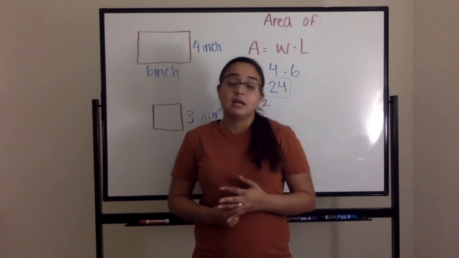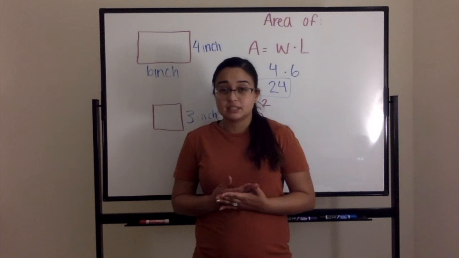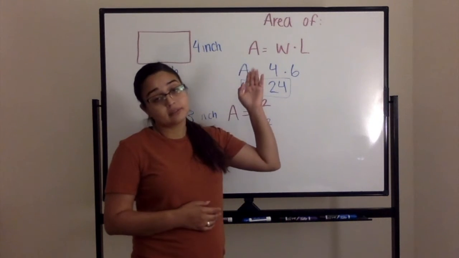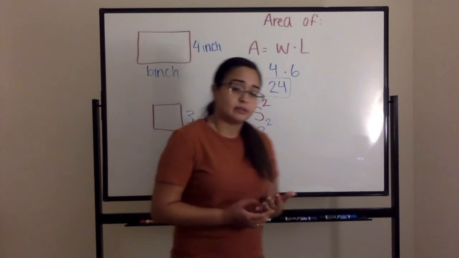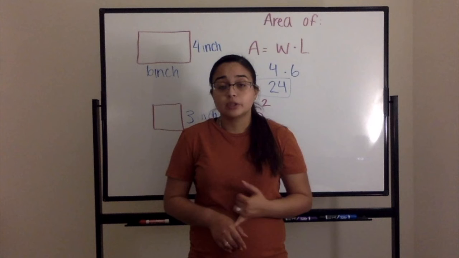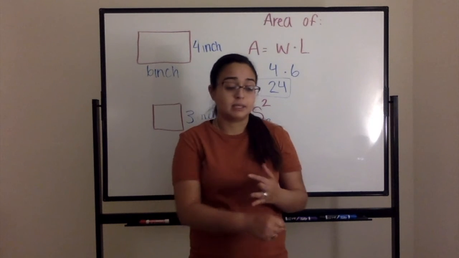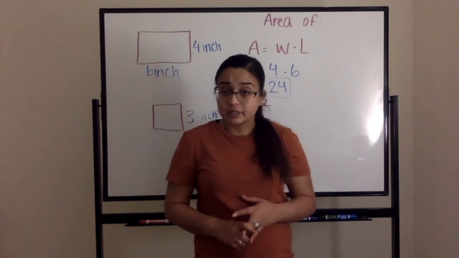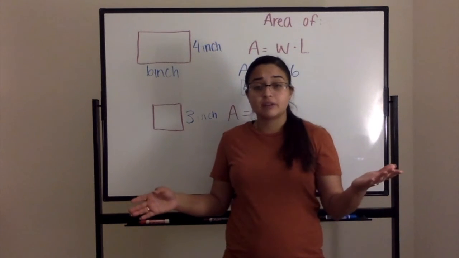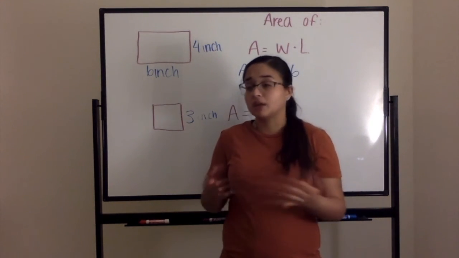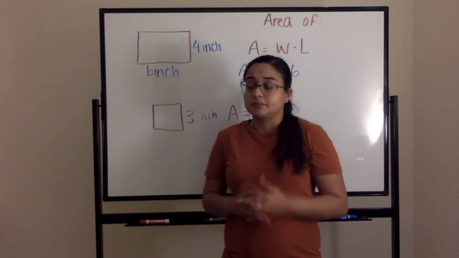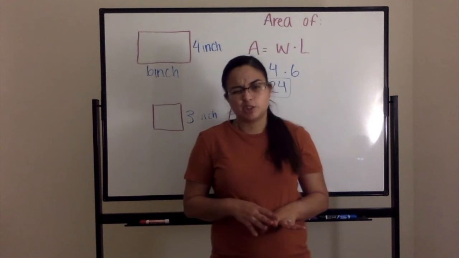After you have measured this, I want you to use the formula to find out the area of either a door, a cabinet drawer, a book, any toys you have around, boxes, shoe boxes, anything of the sorts, whatever you choose.